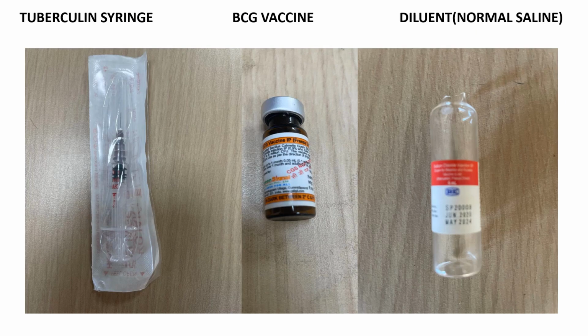In this particular slide, you can see in the middle is the amber colored BCG vaccine vial. Whenever asked, you pick it up, have a look at it, then you make eye contact with your examiner and say, sir or ma'am, this is a vial containing BCG vaccine.